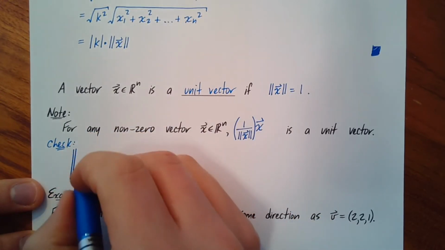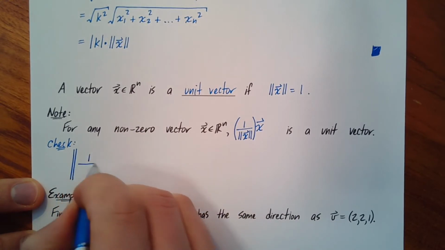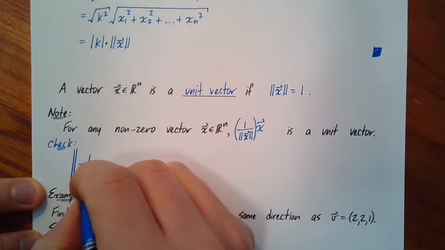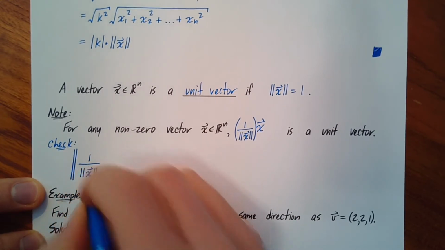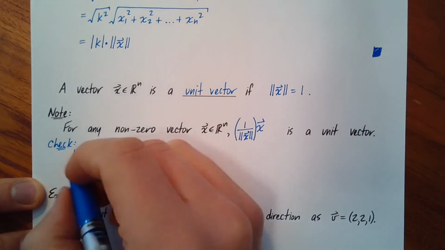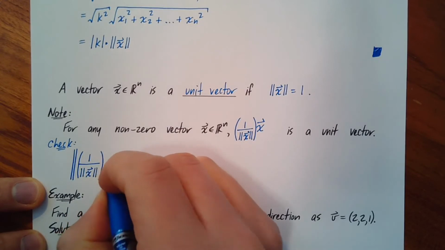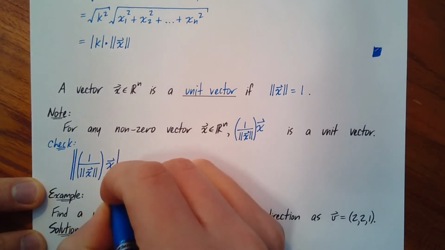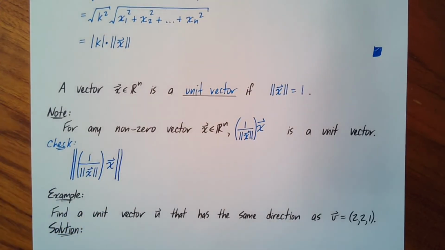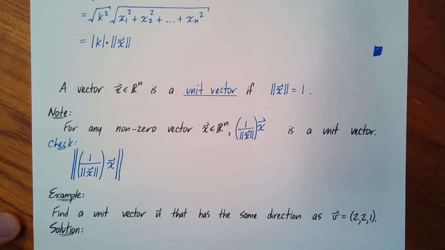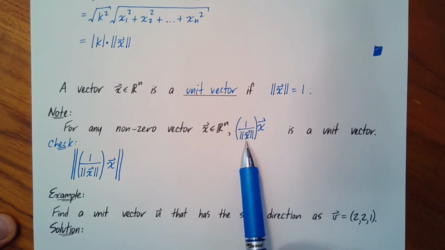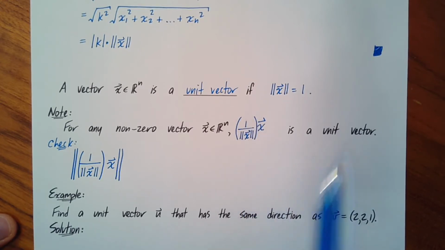I want to leave myself lots of space. So I've got 1 over the norm of x, and I'm multiplying that scalar by the vector x, and then I'm taking the length of it afterwards. And I want to show that this is equal to 1. That's really what it means to have this be a unit vector.